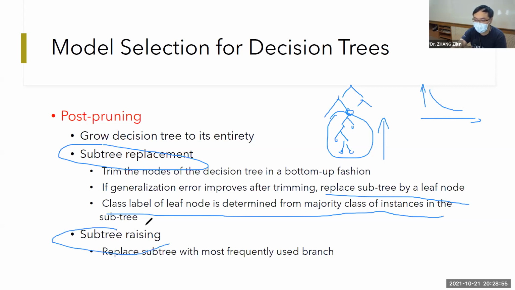Another is called subtree raising. This is very tricky. It's not frequently used, but sometimes can help. In your application, sometimes you find out a subtree structure is very useful. For example, this structure is very useful. Then you find another one, a weird structure, and you directly replace it with this one.